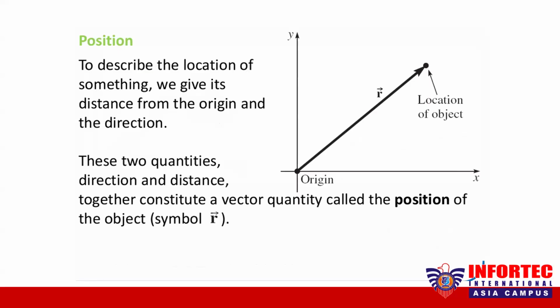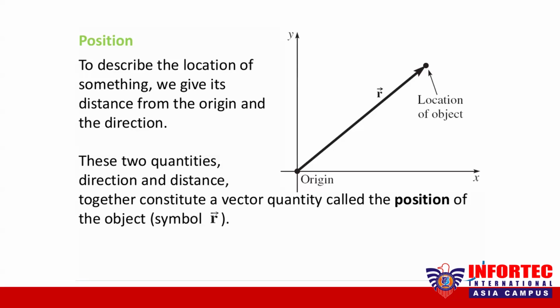If a student is standing 3 meters to the right of the tree, as an example, then we say the position is x equals plus 3 meters on the right-hand side, right? But if a student is standing 2 meters to the left of the origin, we say x equals minus 2 meters.